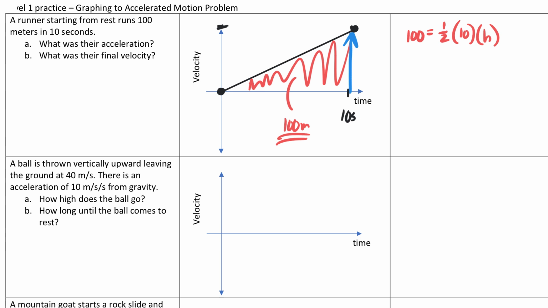Once you have that height, can you figure out what the acceleration was? Can you figure out the slope? Because once I know that this is 20 meters per second, rise over run suggests 20 divided by 10. Nothing new, right? All the same stuff, just mashed together differently.